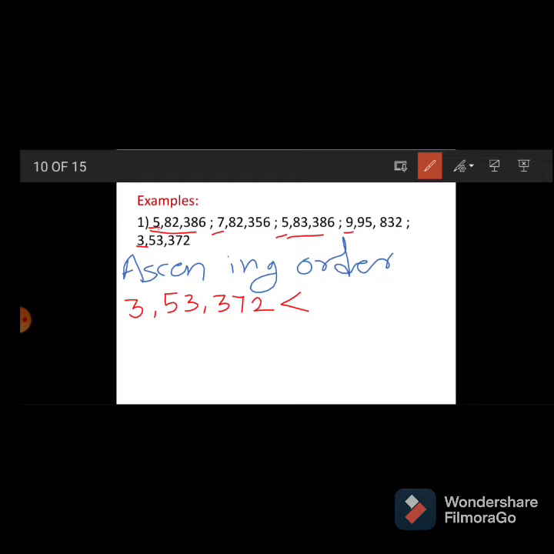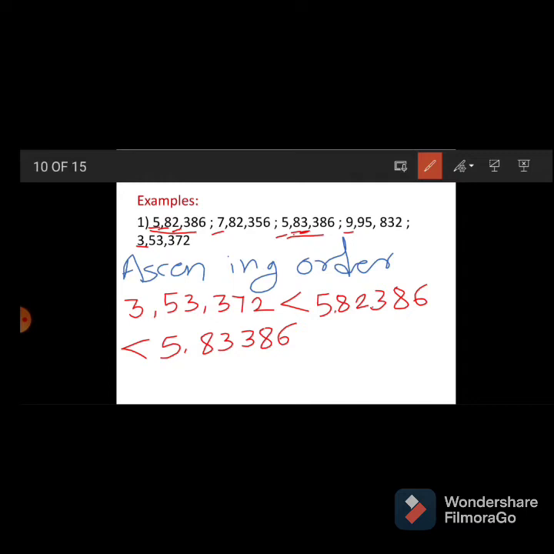Here 8, here 8 same, here 2 and here 3, which means 5,82,386 is smaller than 5,83,386.